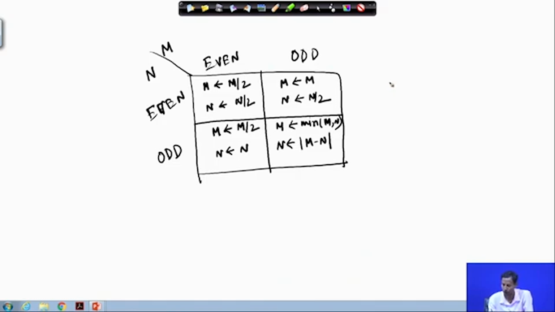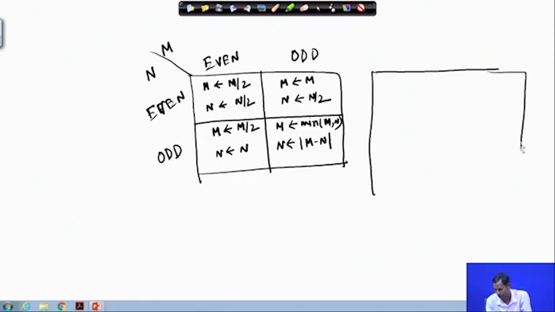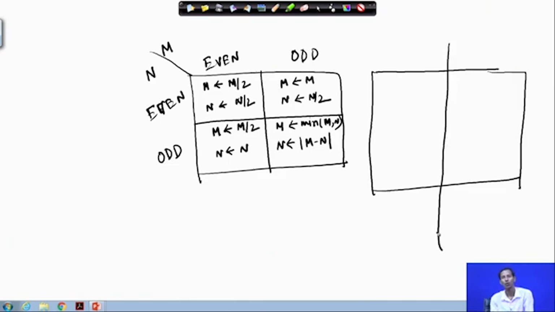I need to know what the signals are, or how I define that the m and n value is even or odd.